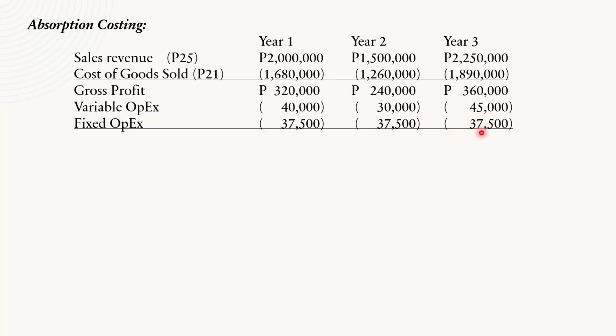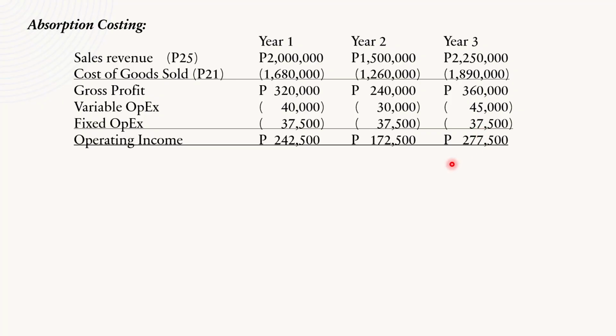So you would arrive at the following operating profits for the years 1, 2, and 3. Operating income in year 1, 242,500. Year 2, 172,500. Year 3, 277,500.